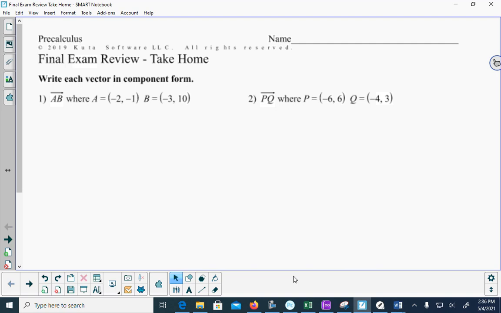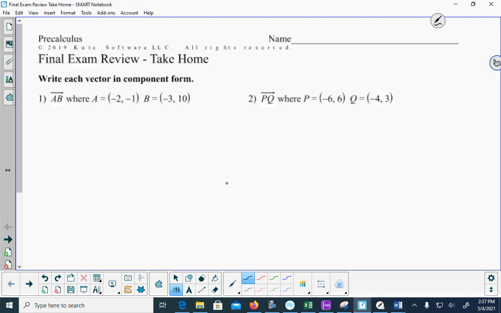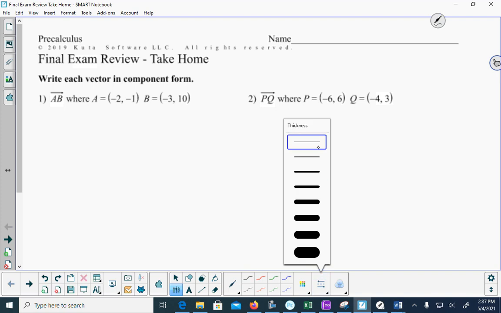So the first one is asking you to write the vector in component form. When we do component form, we're always going to do terminal minus initial. That should have been ingrained in your head back when we did this. So I'm going to take the terminal point and subtract the initial point. Looking at AB, A is going to be my initial point and B is going to be my terminal point.